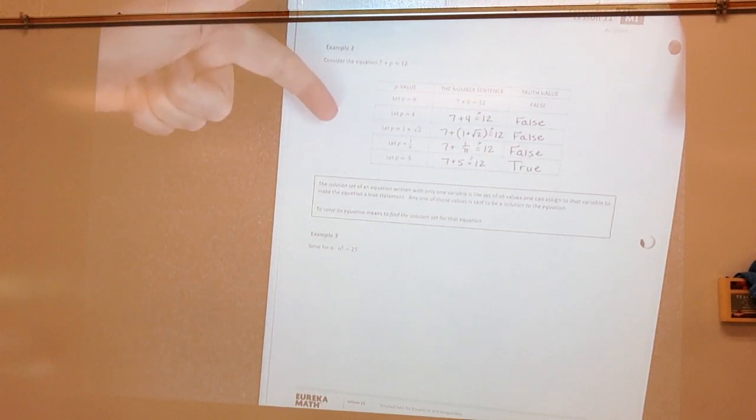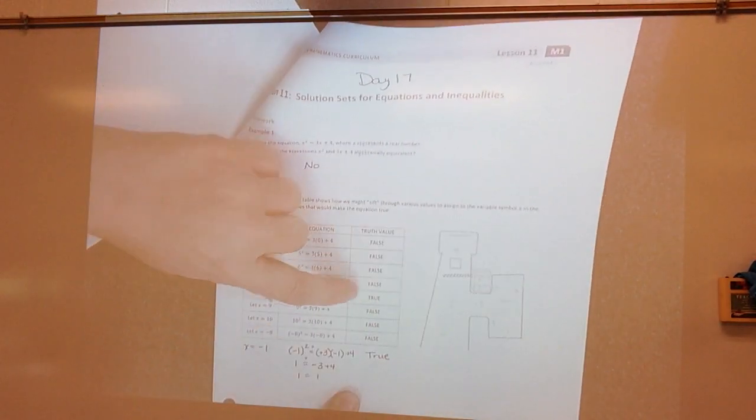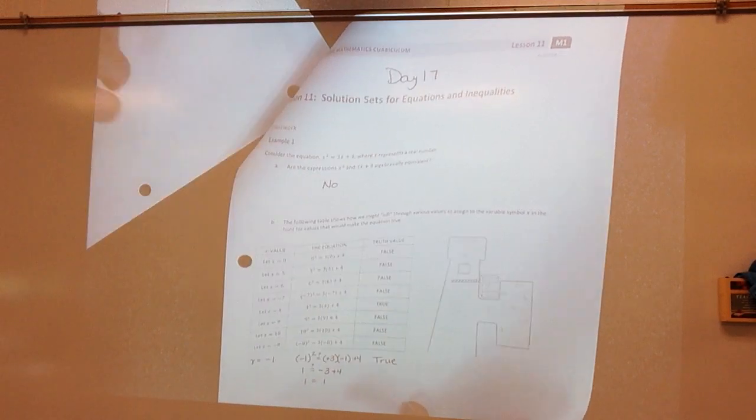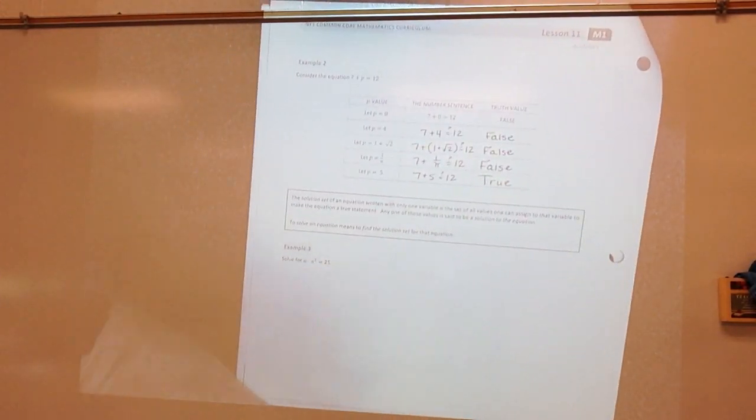In this case, 5 is the only answer. Back here, my solution set would be 4 and negative 1 because I had 2 answers that would make it a true statement. So the solution set is everything I can put in for that variable. To solve an equation means to find the solution set for that equation.